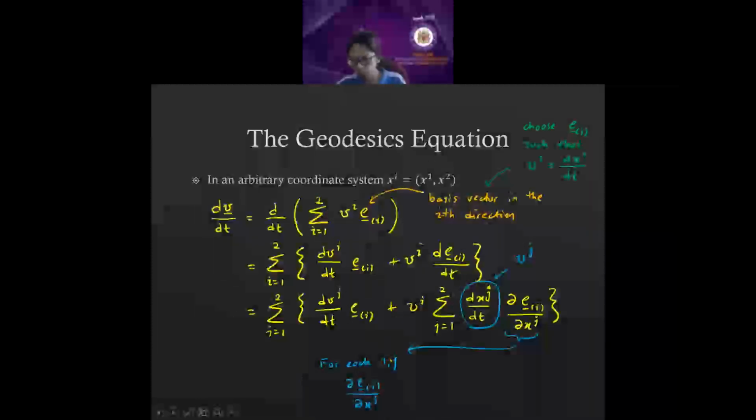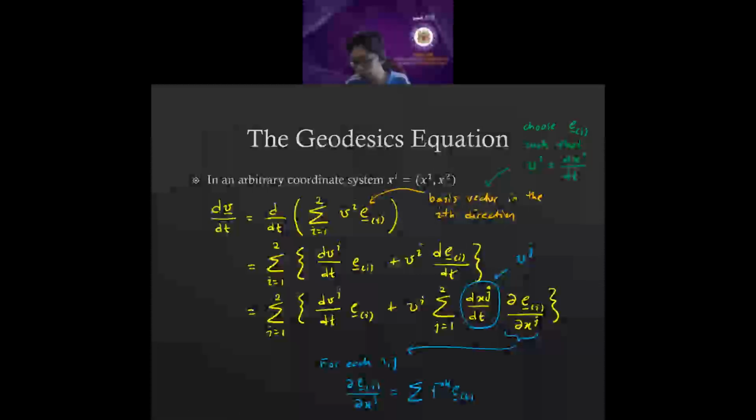So for each i and j, this is going to be equal to a summation of a superposition of the basis vectors again, and the symbol that I'm going to use is gamma.